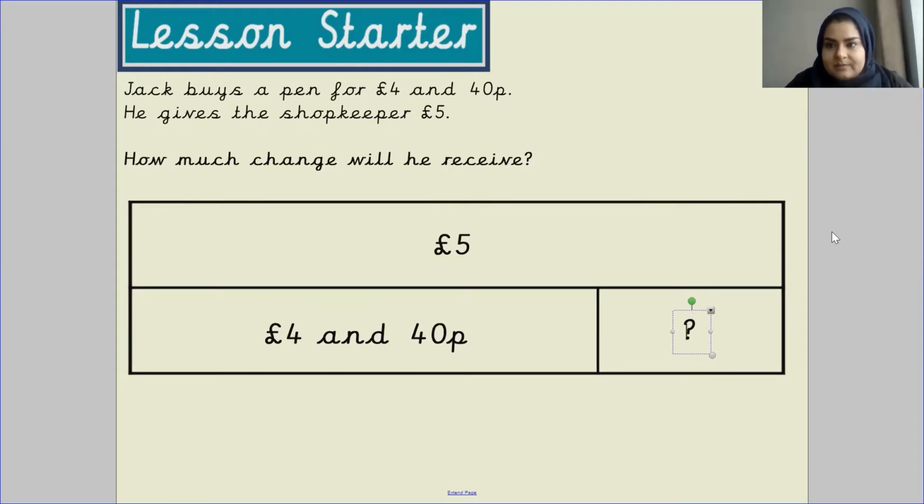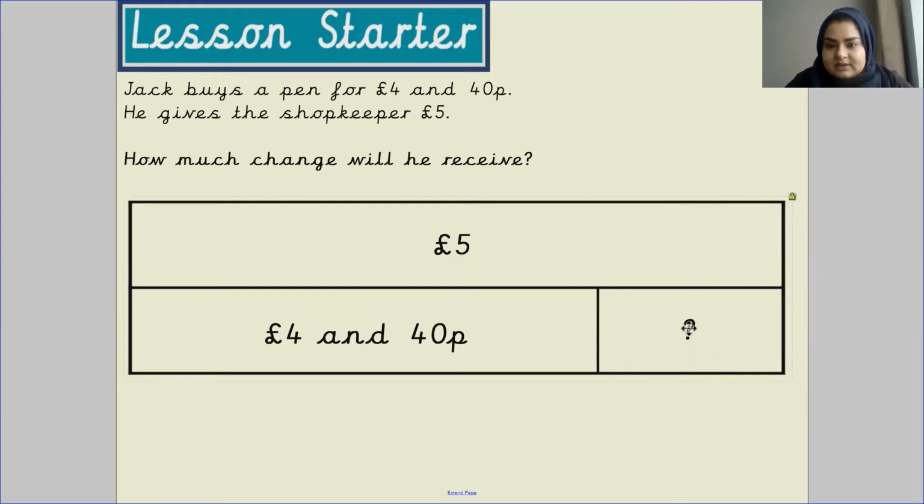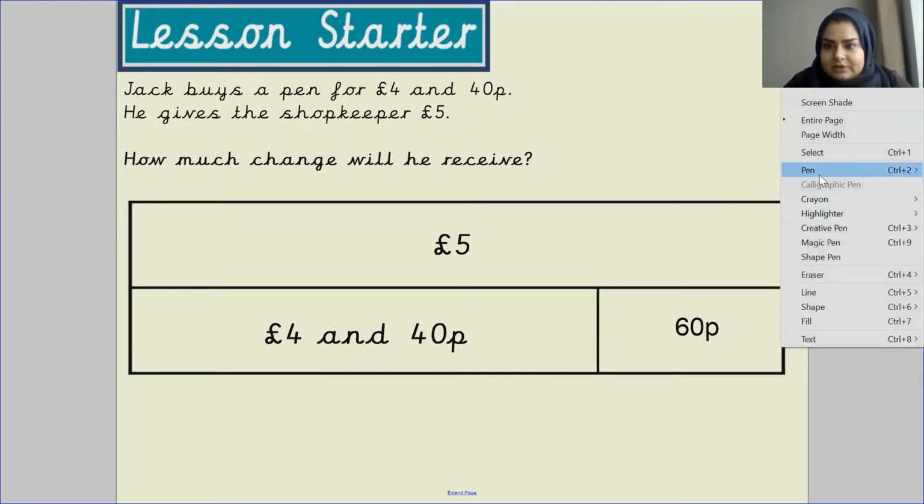just bear with me, the answer should be 60p, and that is because, remember, each pound has 100 pennies. I'm going to do a number line, I'll show you.